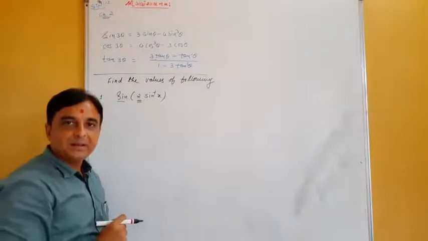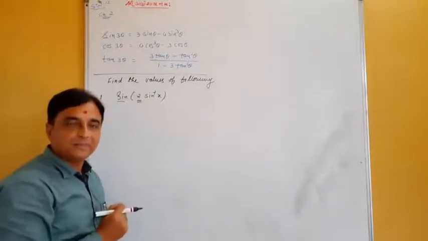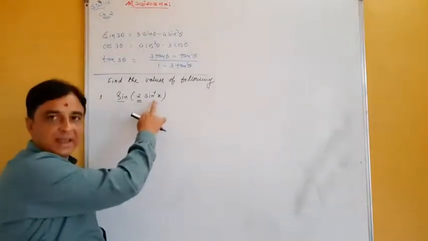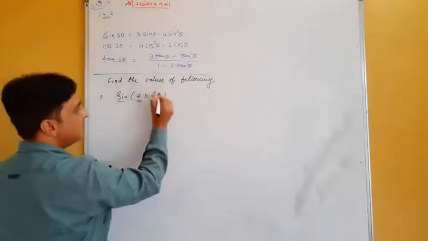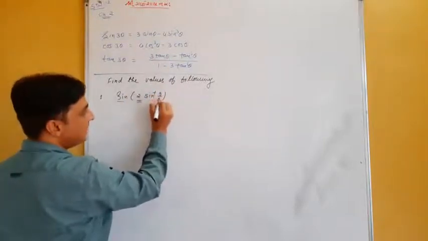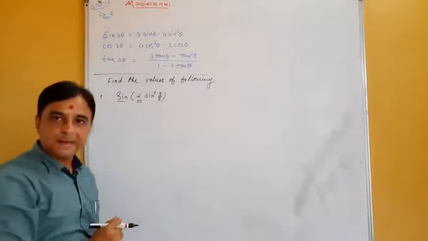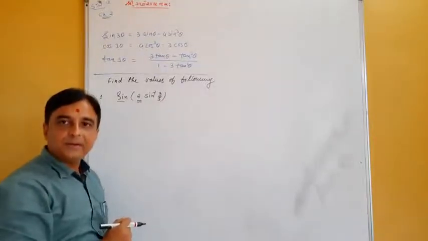If this 2 is not given, then the answer will be x. Instead of x, I am taking 3 by 5.